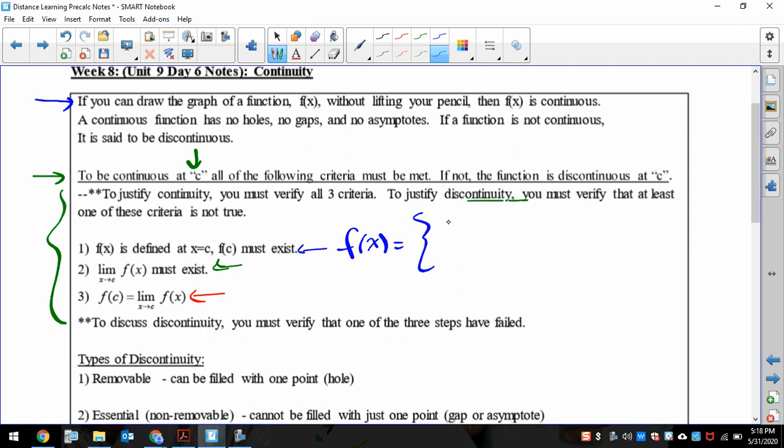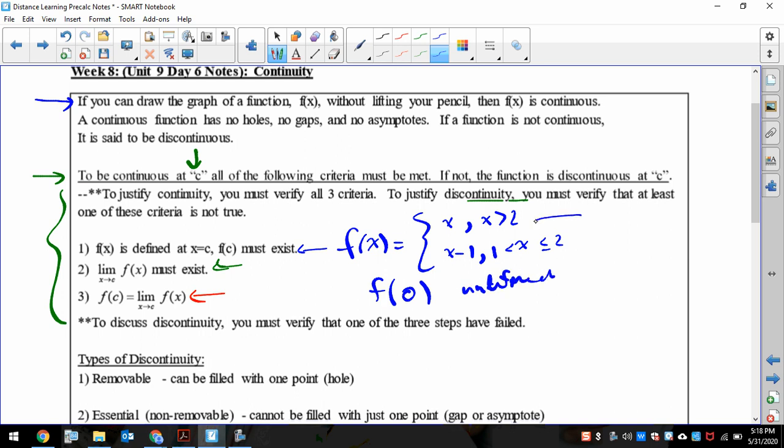You have maybe x when x is greater than 2, and then x minus 1 when x is between 1 and 2, including 2. If I were to try to plug in something like 0, it's undefined.